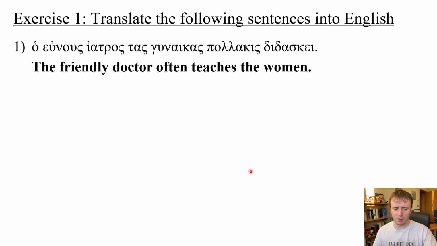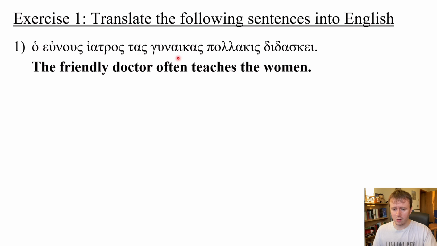We know that it means this because the friendly doctor is in the nominative singular, and the adjective eunous, meaning friendly or well-disposed, has been sandwiched in between the definite article and the noun to apply to the doctor. We've got the sandwich construction here being used to deploy an adjective. So the friendly doctor is doing the action. Didaskei is he, she, it teaches. So the friendly doctor teaches.